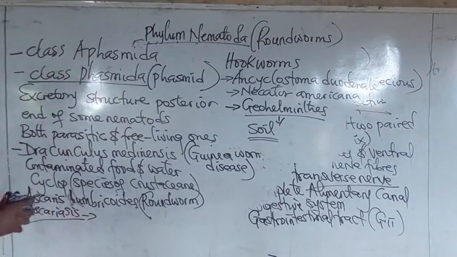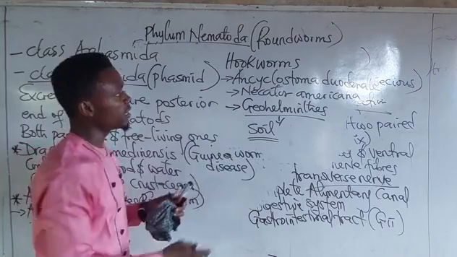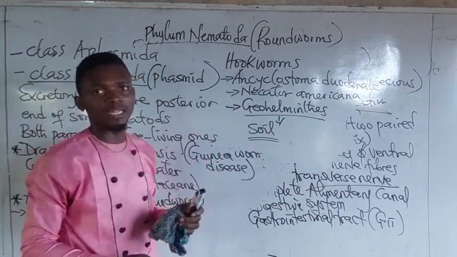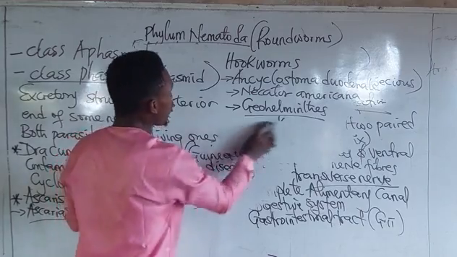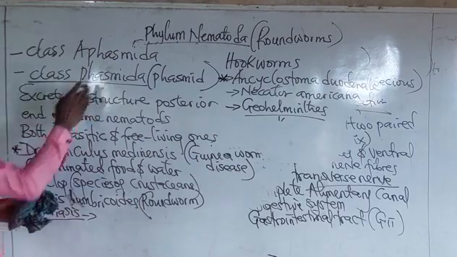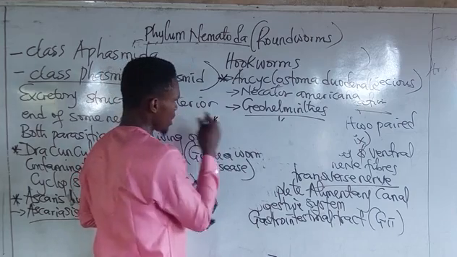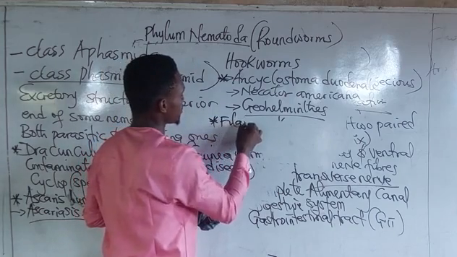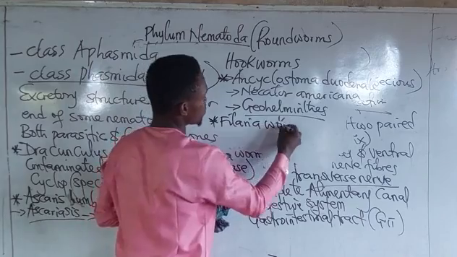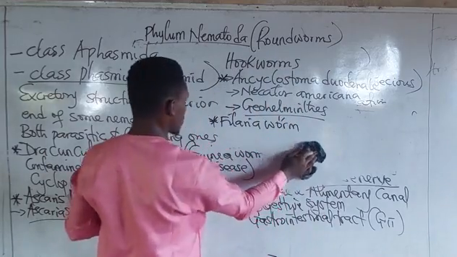Don't forget, I gave you Dracunculus medinensis, Ascaris lumbricoides, Ancylostoma duodenale and Necator americanus. Another member of class Phasmida is the filaria worms. There are two species, for now, based on a textbook.